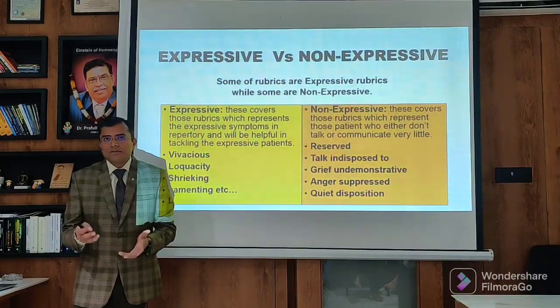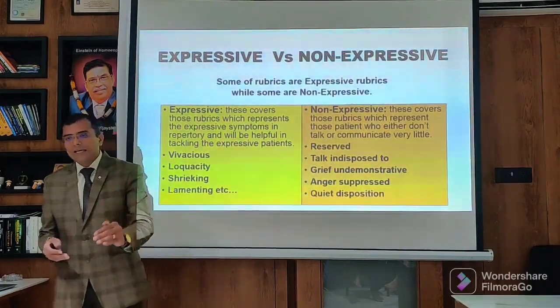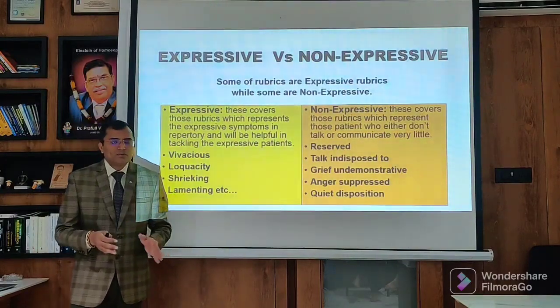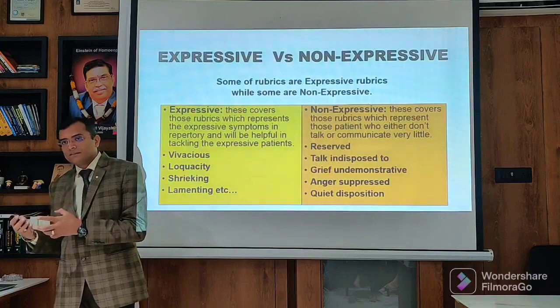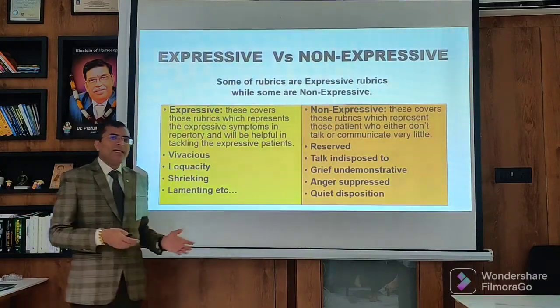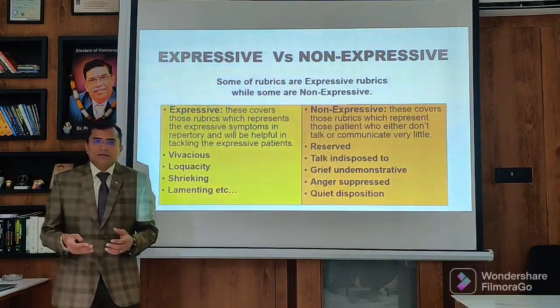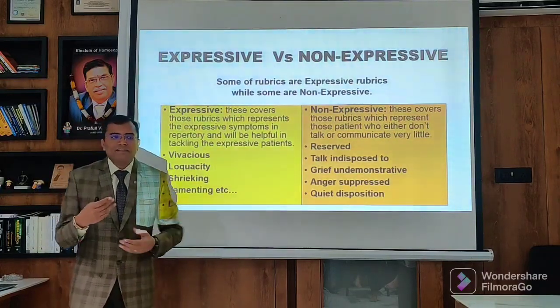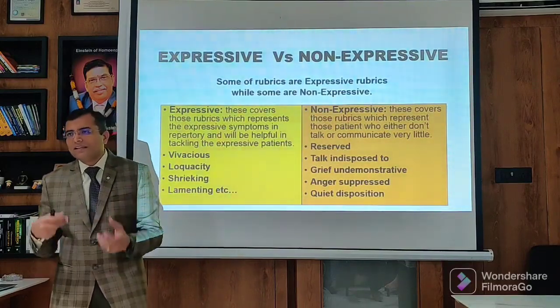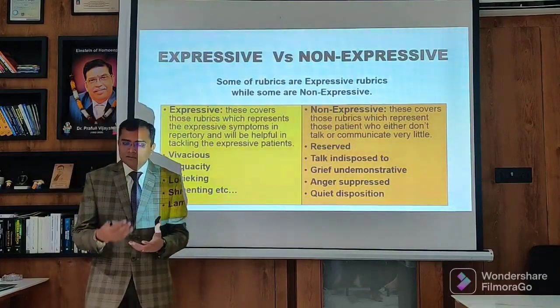Sometimes some constitutions, or you may say a child comes to your clinic and they start shouting, shrieking. So this shows that this is the expression. So this is the expressive kind of symptom. Some may develop pity on themselves and start lamenting to you, yes sir, I have this complaint and this is pain and that. These are the lamenting kind of situation.